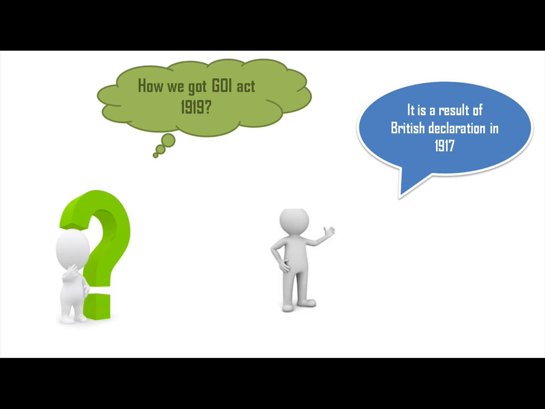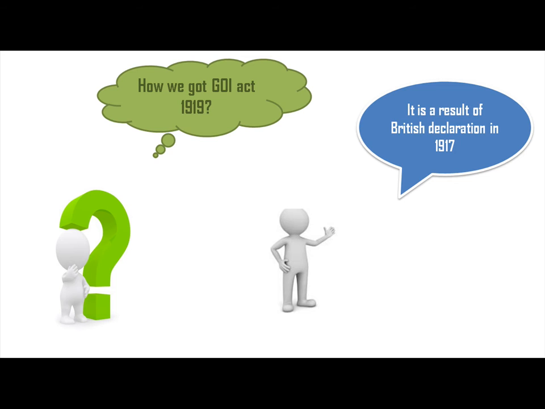Those points are nothing but our Government of India Act 1919. So the Government of India Act 1919 was directly written by Montague and Chelmsford to fulfill the British declaration of 1917. This is the story behind it. Now let us move into this.